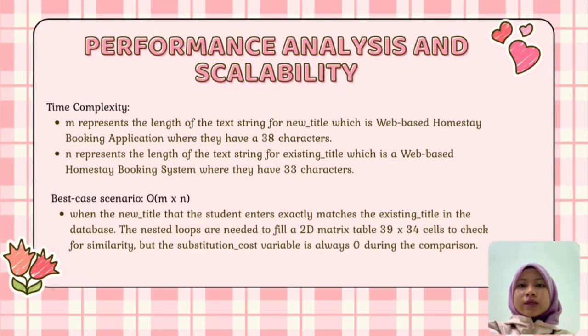For the best case scenario, it is O(M times N). When the new title that the student enters matches the existing title in the database, the nested loops are still needed to fill a 2D matrix table of 39 times 34 cells to check for similarity, but the substitution cost variable is always 0 during the comparison.